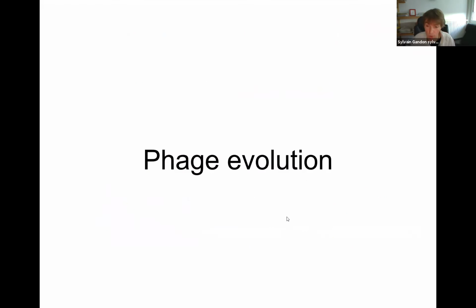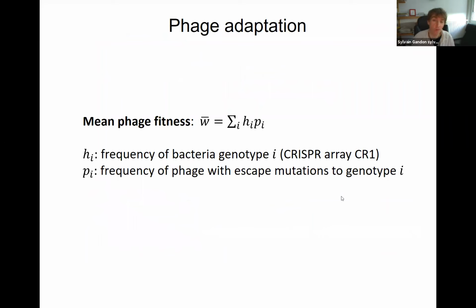So I want to speed up and talk about phage adaptation next. What I find very interesting with CRISPR is that we know precisely the link between the genotypes and the phenotype in this system. So given that we have the genotypes of all the phage in the population after sequencing, it's possible to actually measure the mean fitness of the phage.